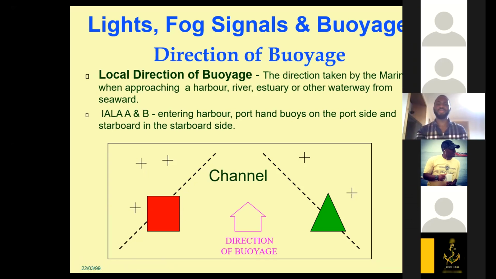Yeah, Prince, go ahead please. Yes, a green lateral mark on the starboard side shows that it is region A, starboard buoy. All right, thank you very much. Region A, starboard. Is that correct? Exactly, sir.